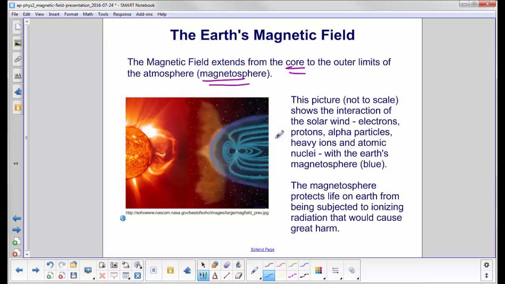This red stuff is the solar wind, and that's comprised of electrons, protons, alpha particles, heavy ions, atomic nuclei, all kinds of stuff that comes out of the fusion reactions within the sun. And the Earth's magnetosphere is this blue thing. The magnetosphere protects life on Earth because without it, all of this ionizing radiation would hit the surface of the Earth, and that would cause great harm, if not basically just wipe out life as we know it.